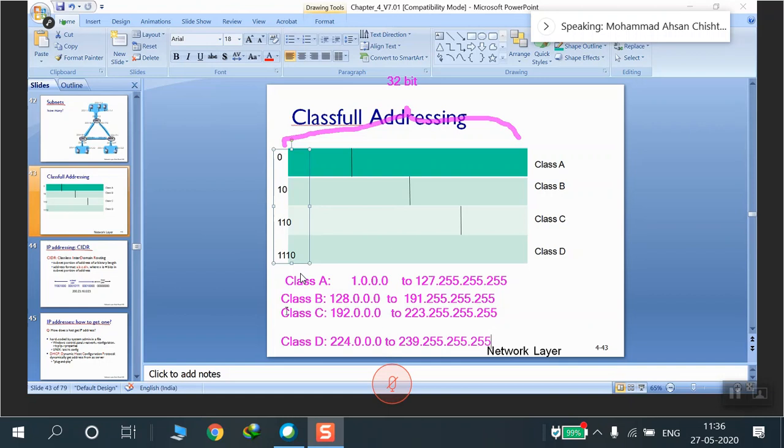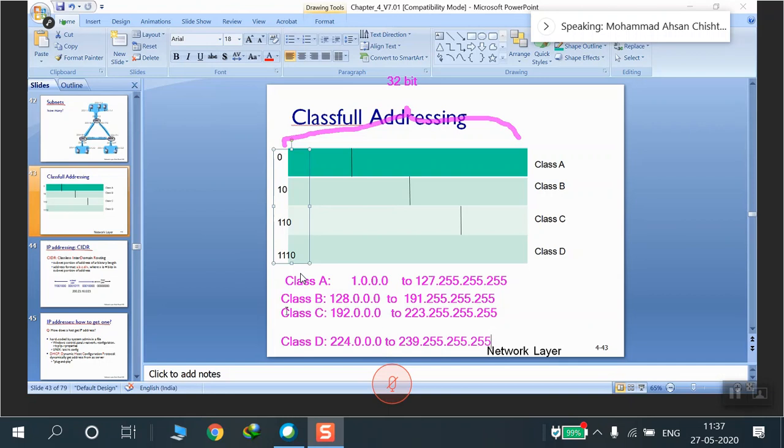Thus, if we take the first class, class A, how many networks can we have? The first 8 bits are used for the network part.